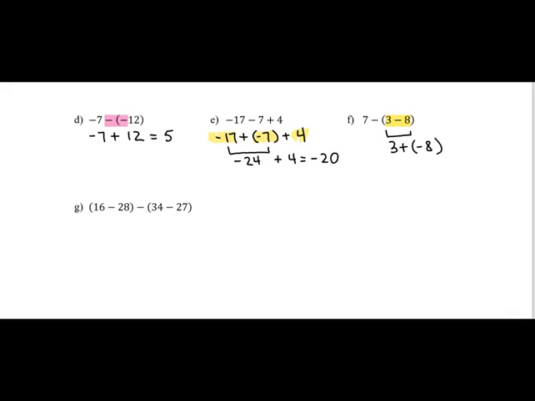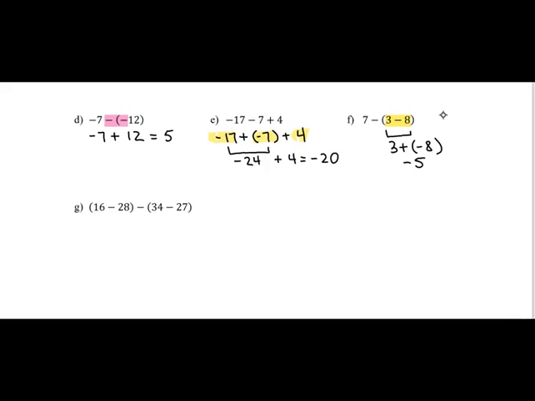Okay, you have a positive number and you have a negative number. Negative number has the bigger value. 8 is bigger than 3. So the answer is going to be negative. And then 8 minus 3 is a 5. So what's in parentheses, 3 minus 8, is -5.